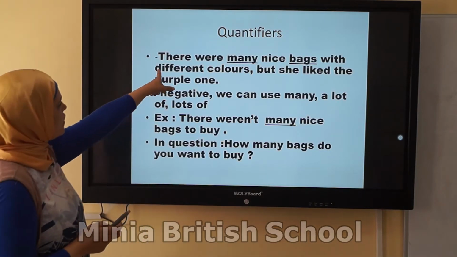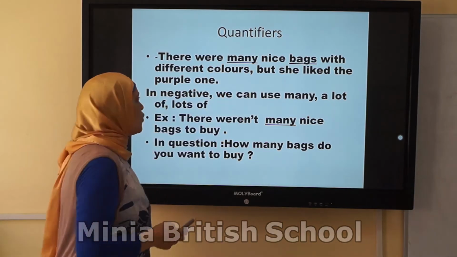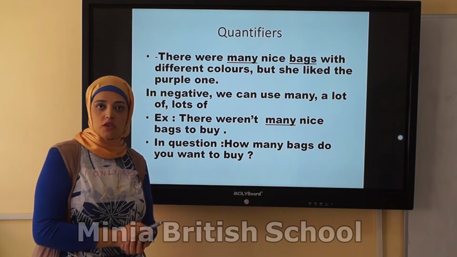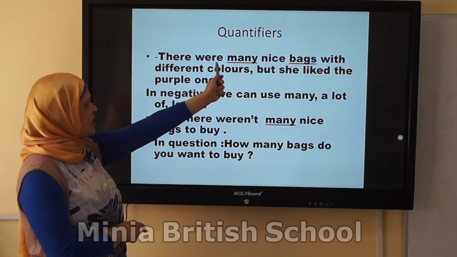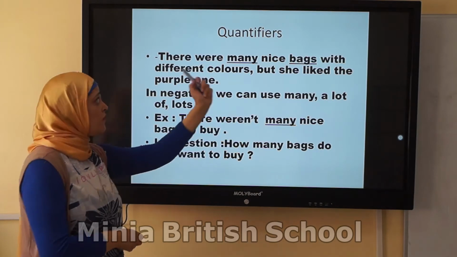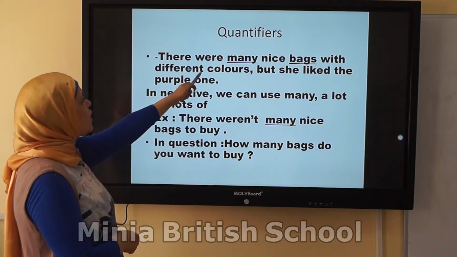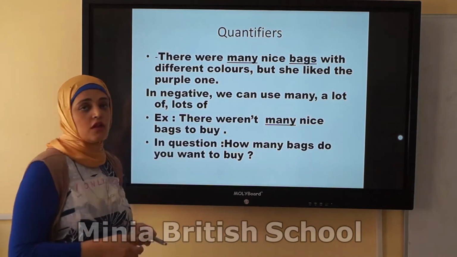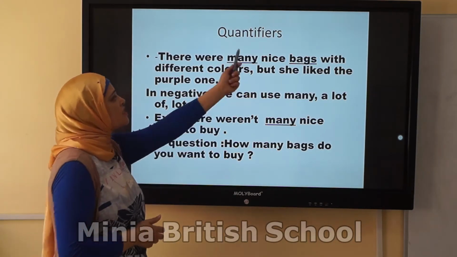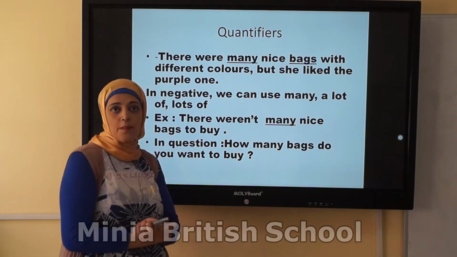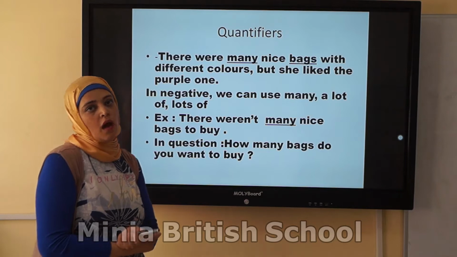We said there were many nice bags with different colors, but she liked the purple one. If I said there were a lot of nice bags, or lots of nice bags with different colors, there were several nice bags, or there were plenty of nice bags, all of them white.